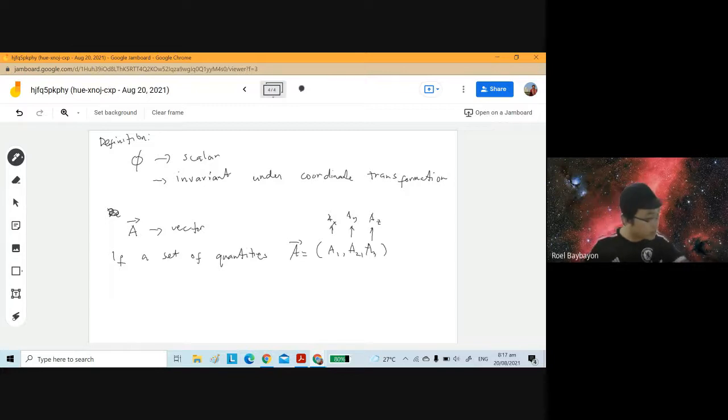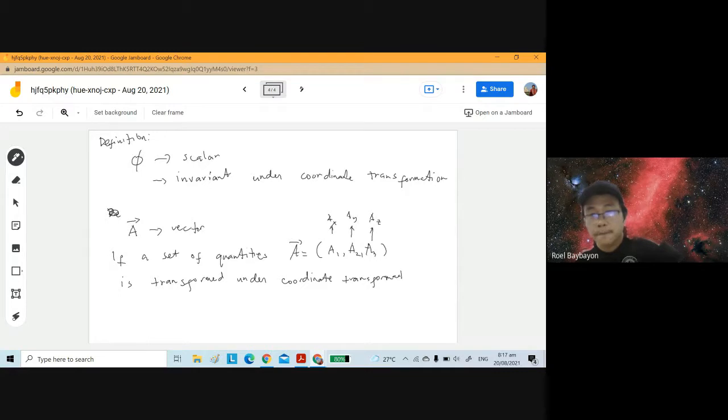If a set of quantities is transformed under coordinate transformations.